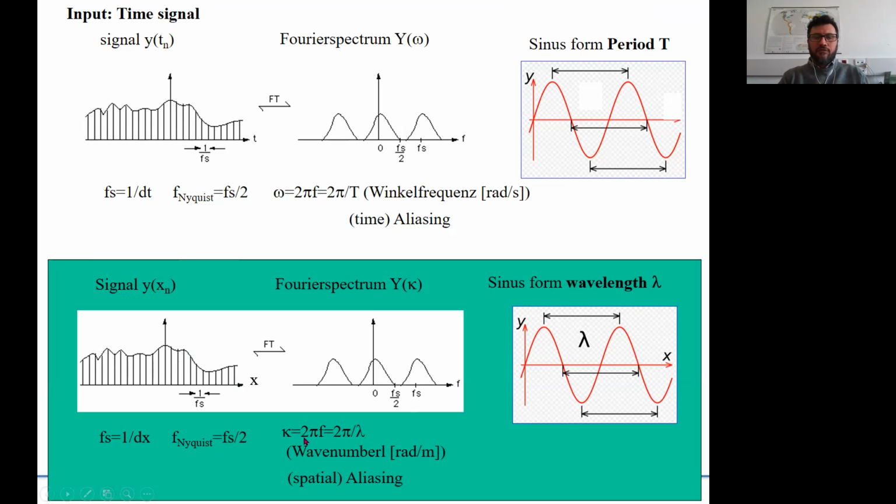And if we take 2π divided by the wavelength, then we obtain the wave number, which is equivalent to the frequency in the time domain. So we have an equivalence in a way. We can see the signal either in one point for different times, or in different points at the same time. Clear?